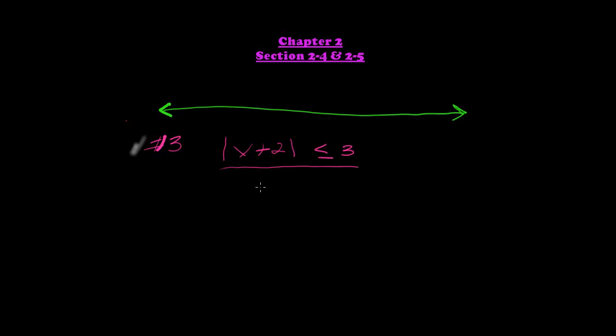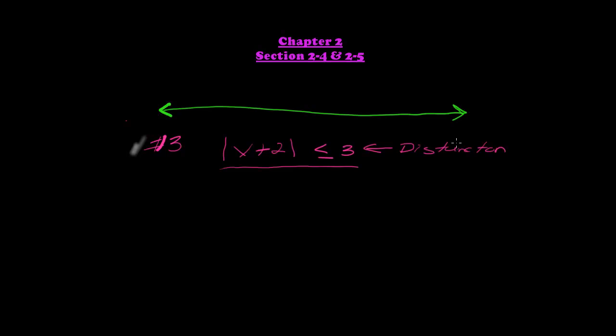I'm going to do this in a similar way to section 2.4. I'm going to look at this inequality right here as a disjunction, being the very same thing, and I'm turning pages here.